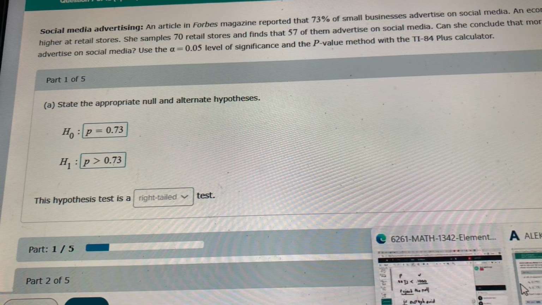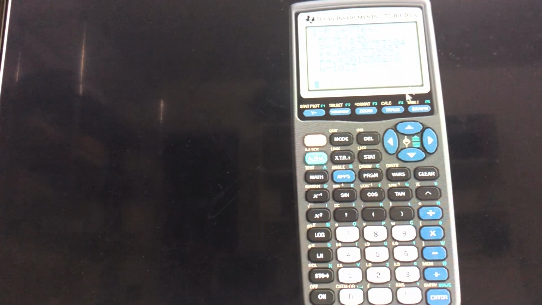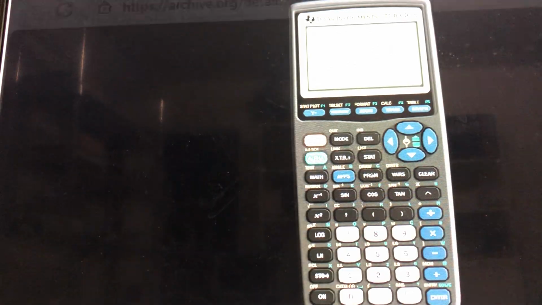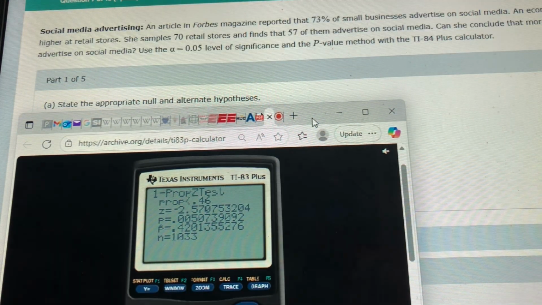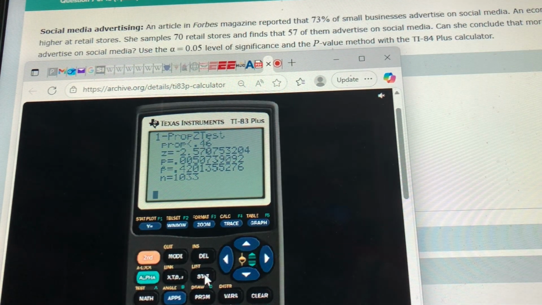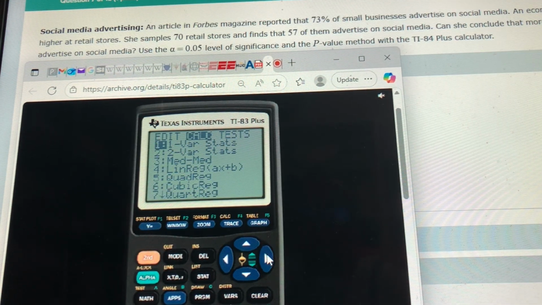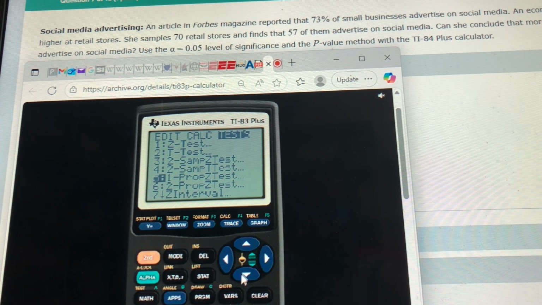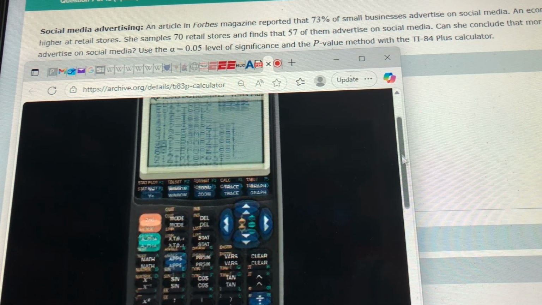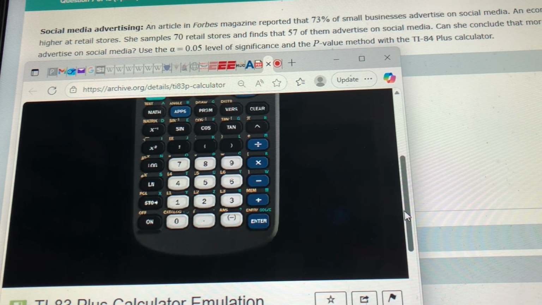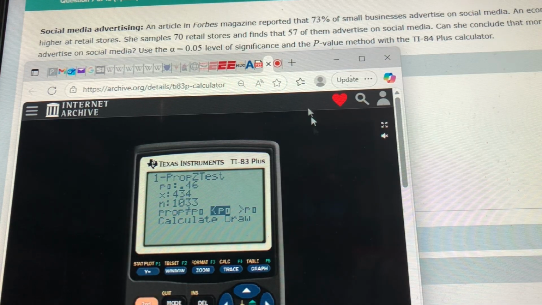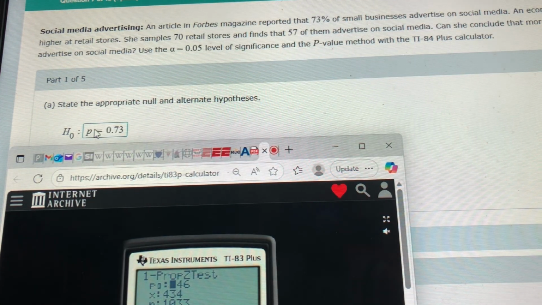So go to stat, tests, one prop z-test for the third time in a row. P0 is this right here. P0 is 0.73.